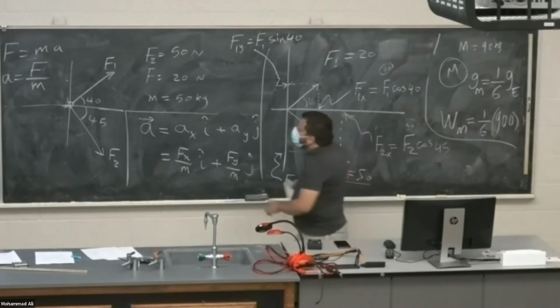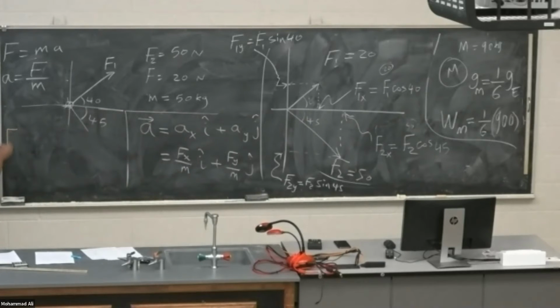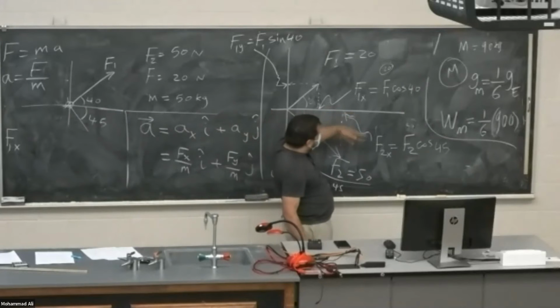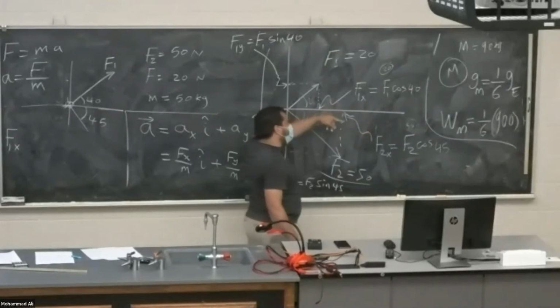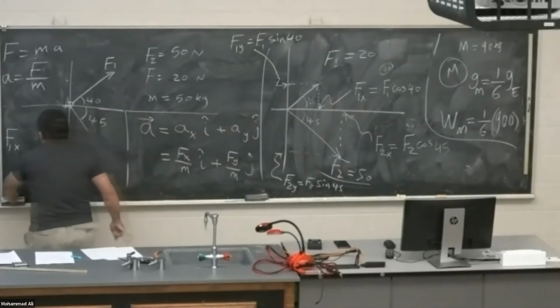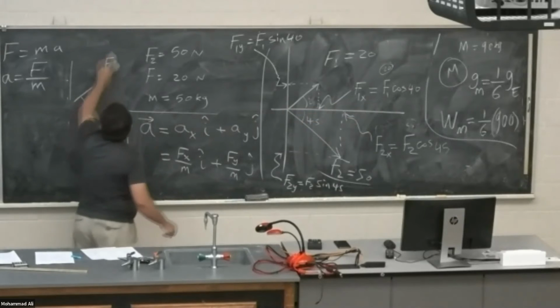By that, I can find F1x and F2x, which are in the positive x direction. Now, let's remove this.